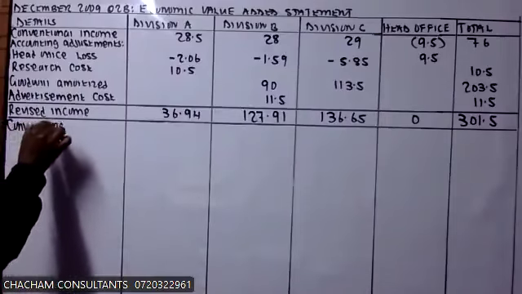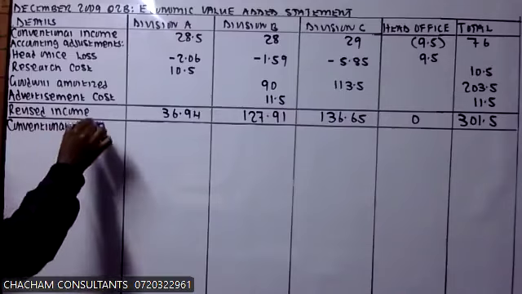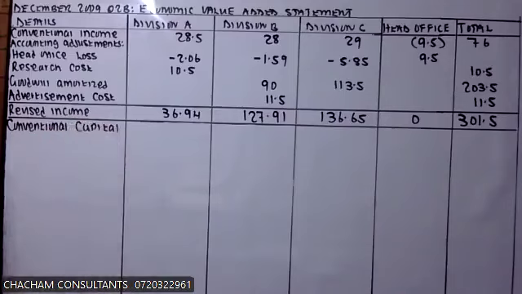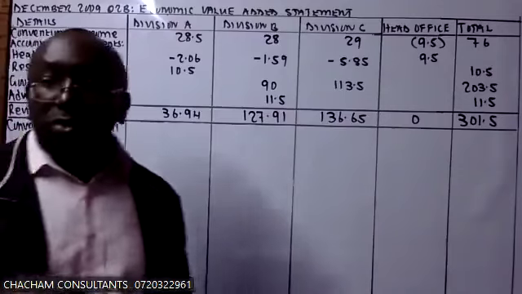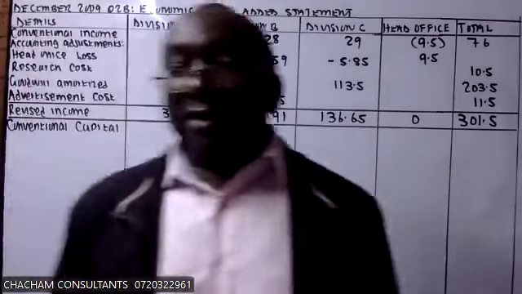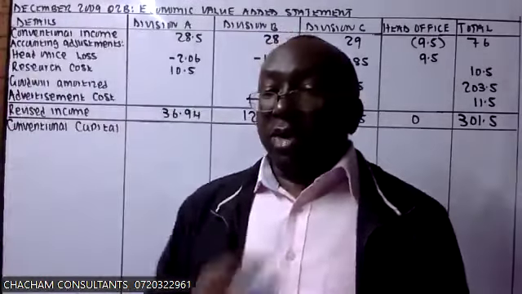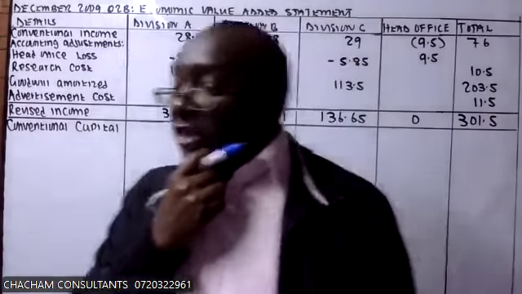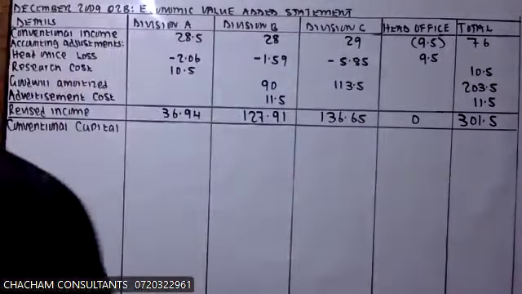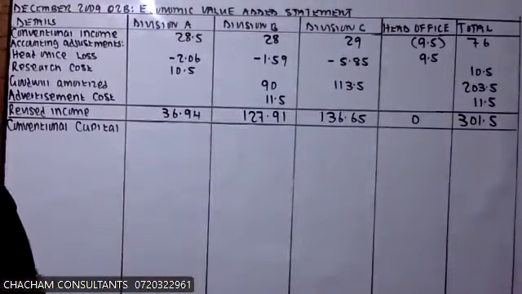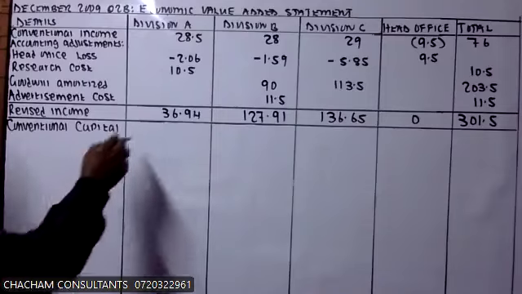When you hear the word conventional, conventional is just the normal, the usual way. So the conventional capital is net of current liabilities, and this is what you see given there. A has 135.5.